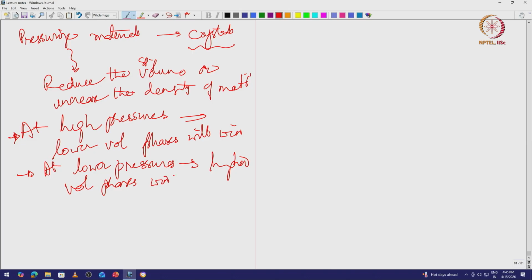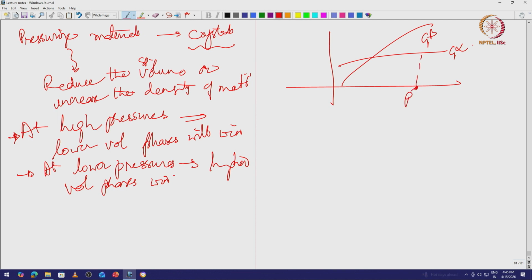Okay. All right. So that is essentially what is here, right. This is G beta and this is G alpha. G alpha is like my solid phase. The solid phase is much more stable at higher pressures, P versus G. Okay. So now I have a rule, right. If G alpha is less than G beta, alpha wins.